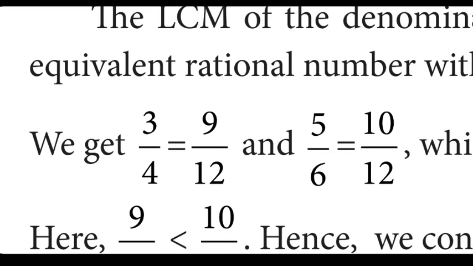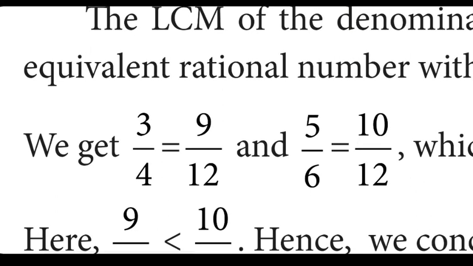Which number multiplied by 4 gives 12? Yes, 3. If you multiply 4 by 3 we get 12. Therefore we multiply numerator and denominator by 3. Then 3 threes are 9, 4 threes are 12.